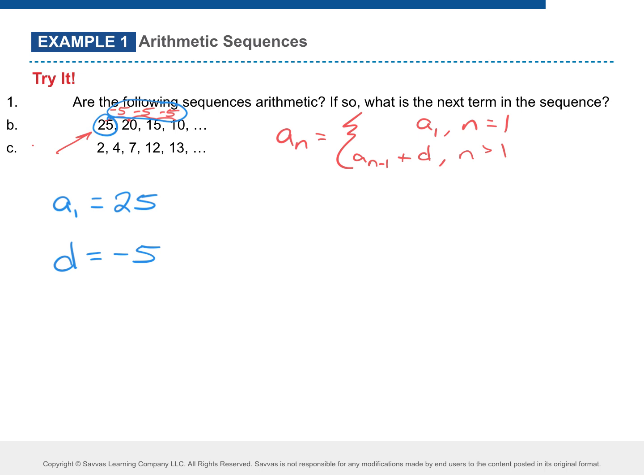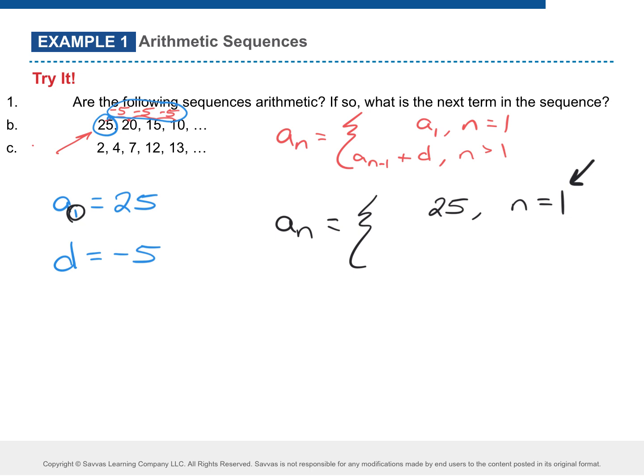So now to write the formula, we just need to plug those values in. So we have AN equals, well, what did we say A1 was? A1 is 25, where N equals 1. Why do you think we put N equals 1 there? Because A1 is our first term, where N equals 1.